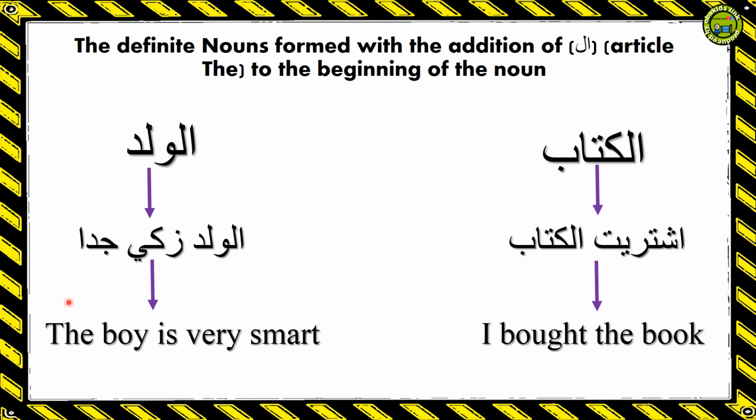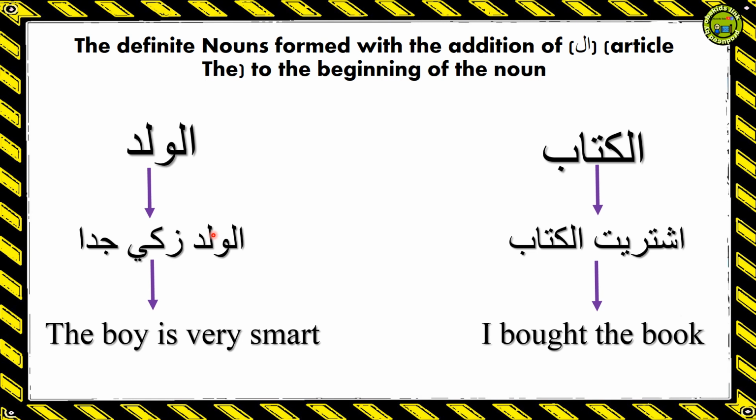Here we have the definite noun formed with the addition of alif and lam, article The, to the beginning of the noun. Al-kitabu, the book. Ishtaraytu al-kitaba, I bought the book. Al-waladu, the boy.